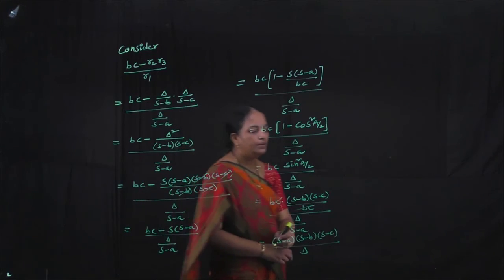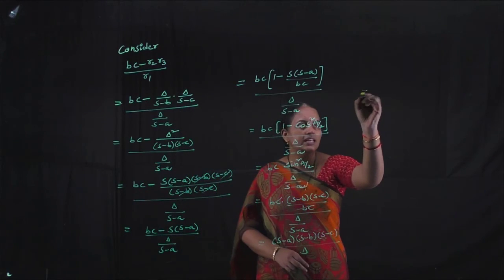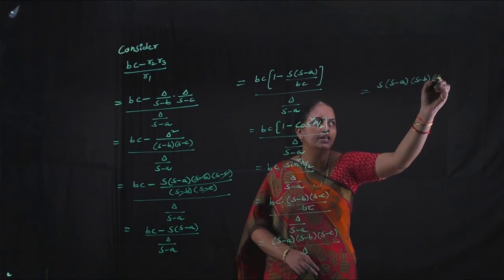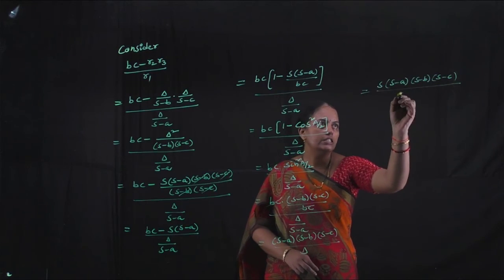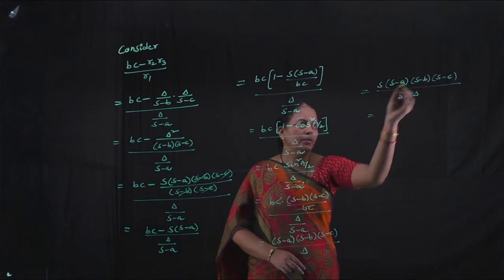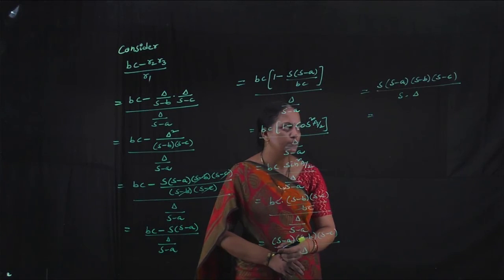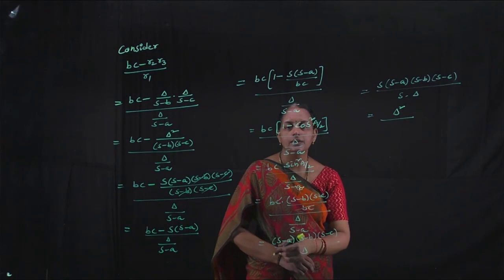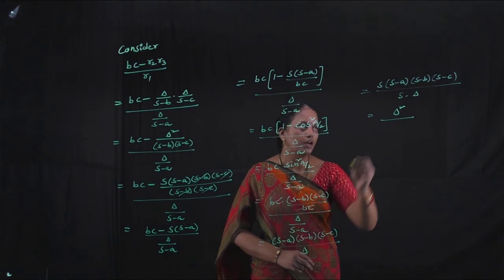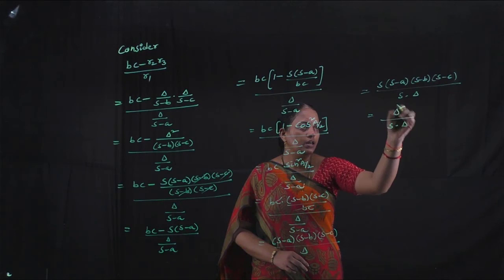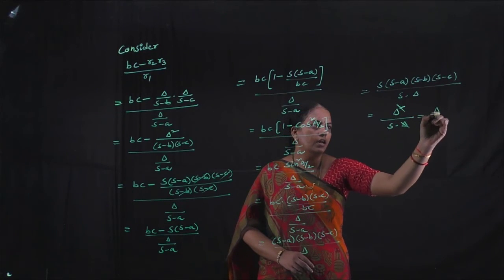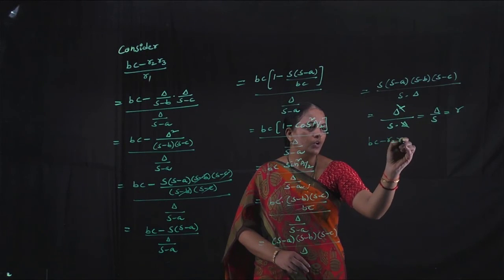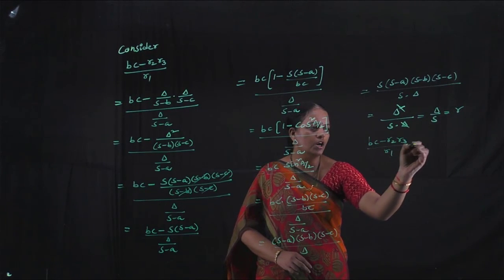Here multiply both numerator and denominator with S. We get S into S minus A, S minus B, S minus C by S into delta. And in the numerator we have S into S minus A, S minus B, S minus C, that means delta square, from Heron's formula. Here delta cancels. Delta by S means small r. Therefore BC minus R2 R3 by R1 is equal to small r.